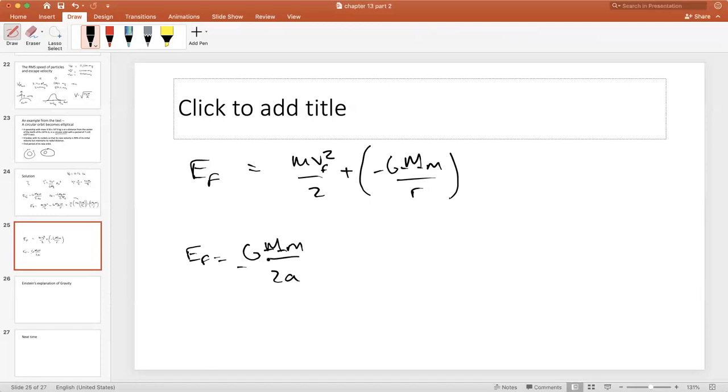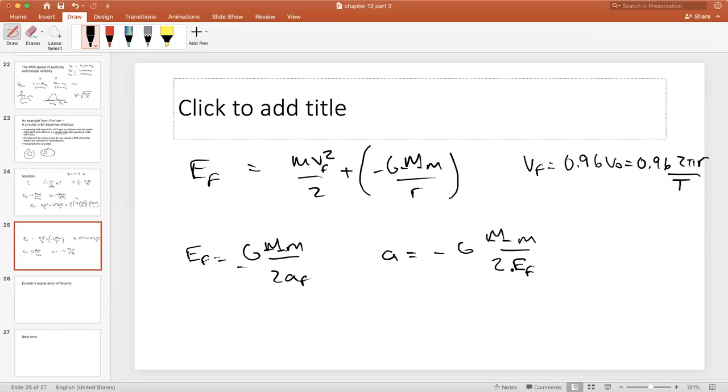So we can find A final as minus GM over 2 E final. But V final is 0.96 of V naught, which is 0.96 of 2 pi r over t that we were given.